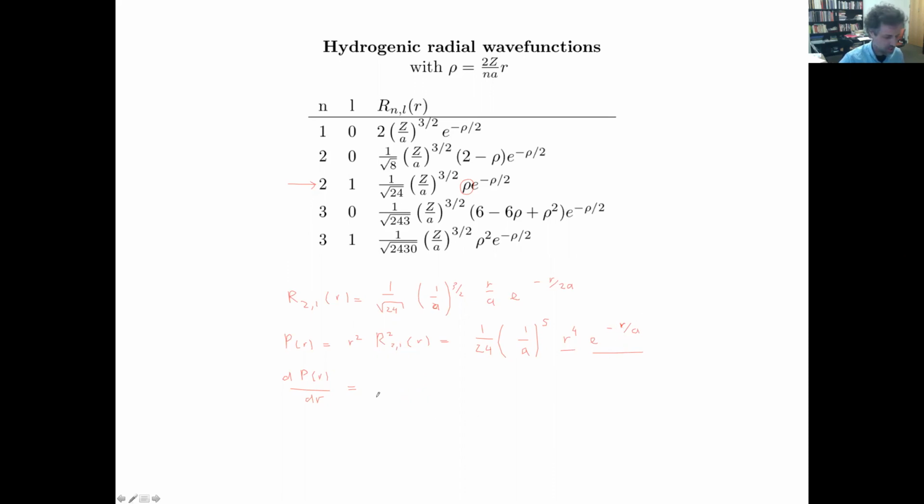But the procedure is exactly the same. So we can just write up what it is. I find a bunch of prefactors, 1 over a to the power 5. And then I can take the factor r to the 3rd out and then collect terms. After I take the product rule, I find the following term.